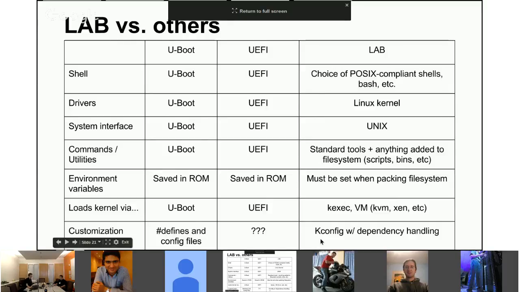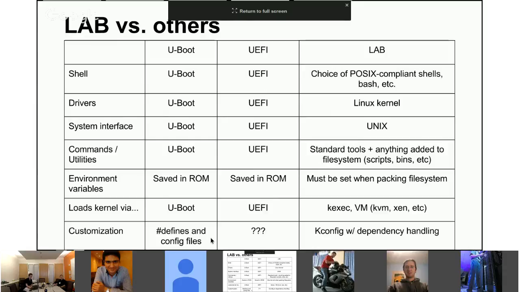Customization. So I got to confess, it's been a while since I've used U-boot or UEFI to actually build something. But yeah, trying to actually build the thing that you want to build oftentimes requires hacking a lot of makefiles and adding a lot of pound defines.